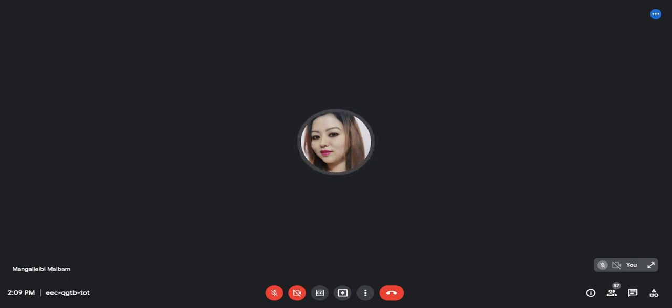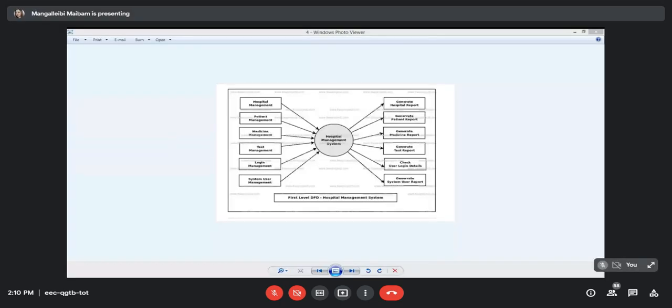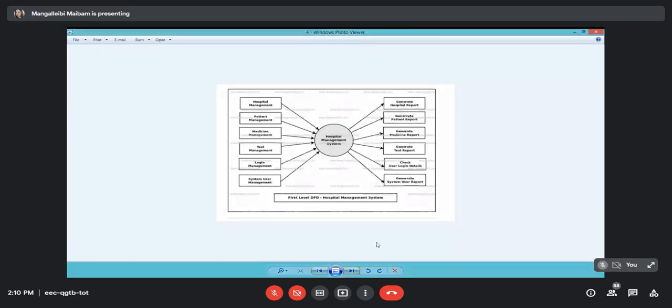And 1 second. The first level DFD diagram for the hospital management can also be drawn like this. Okay, so like this it can also be drawn.